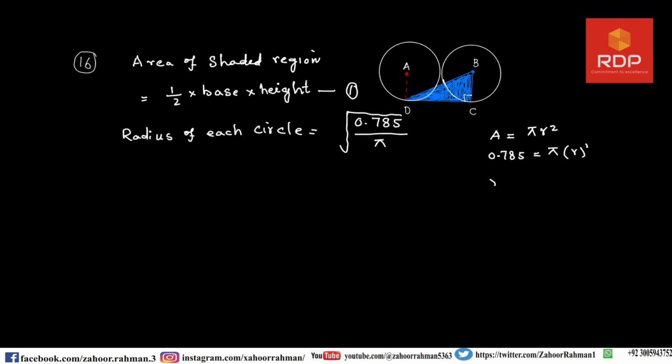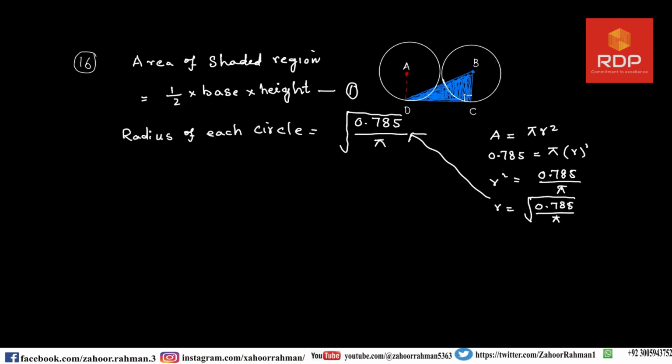So we can write r square is equal to 0.785 divided by pi. Now r will be equal to the square root of 0.785 divided by pi, and that is why we wrote this expression for the radius of each circle.